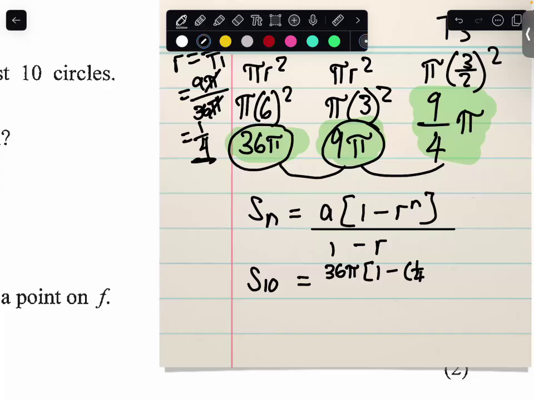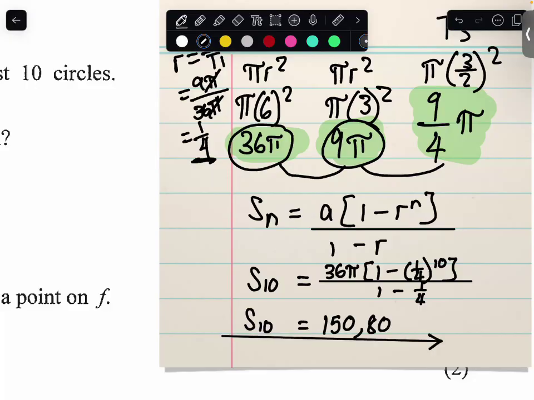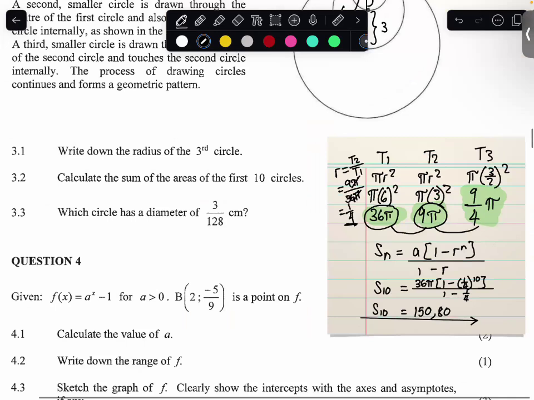Keep a bracket, a quarter to the 10 all over 1 minus a quarter. And the answer here gives us 150,80. That's the areas of the first 10 circles added, the sum of the areas of the first 10 circles.